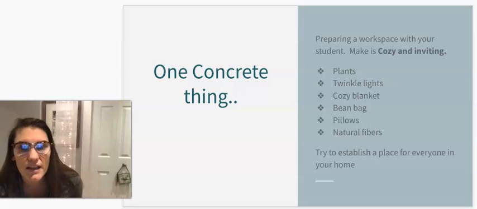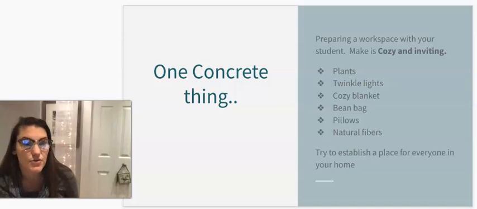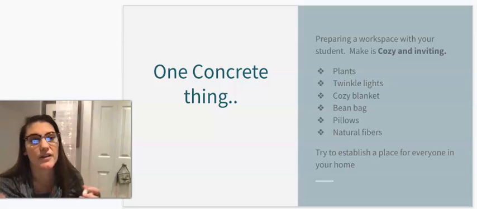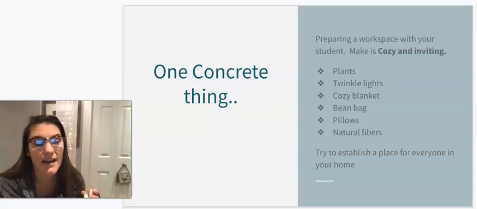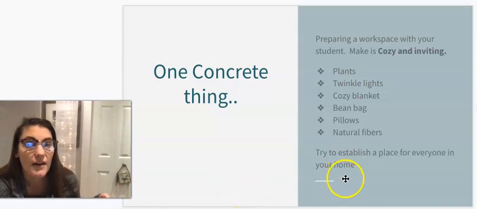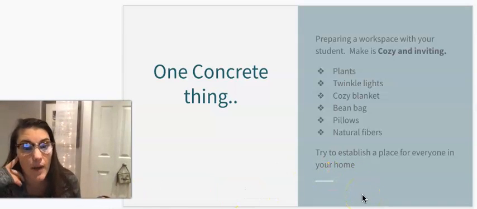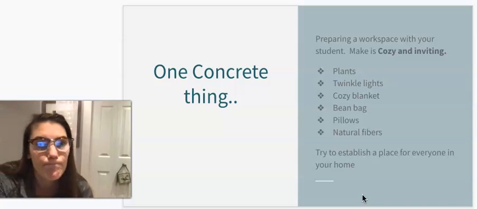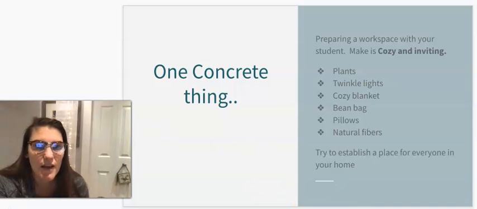So you're really thinking of plants, maybe twinkly lights, cozy blankies, bean bags, pillows, natural fibers that are helping the student feel calm, collected, and cozy. And trying to make sure that everyone in your home has a place to work, has a go-to place that they feel good working in. So give that a whirl.